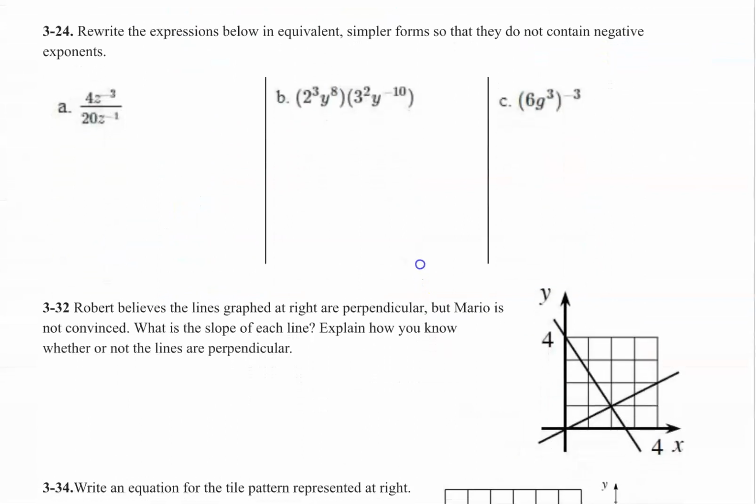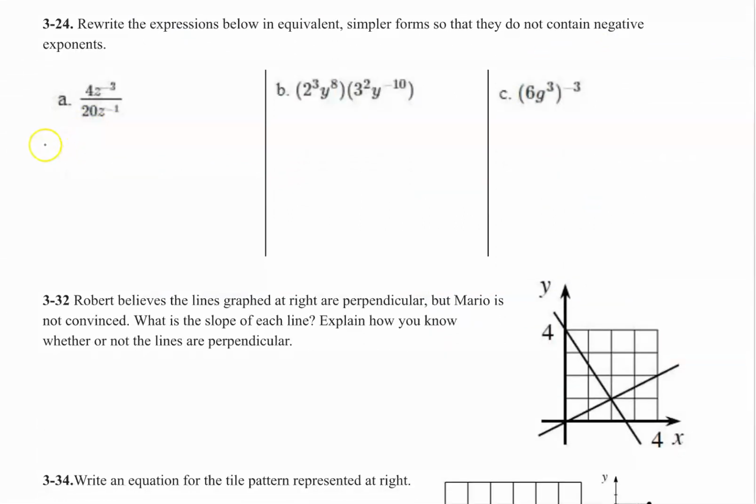3-24. Okay, I like to write these out as separate fractions. 4 over 20 times z to the power -3 over z to the power -1. 4 goes into 20 5 times, and 4 goes into itself 1 time. So the fraction in the front is 1 over 5, times. When you divide two numbers, you need to subtract the exponents.